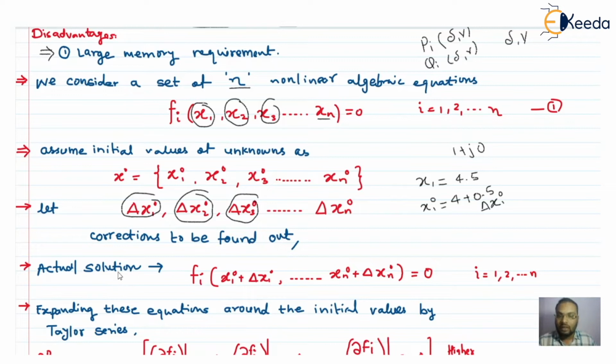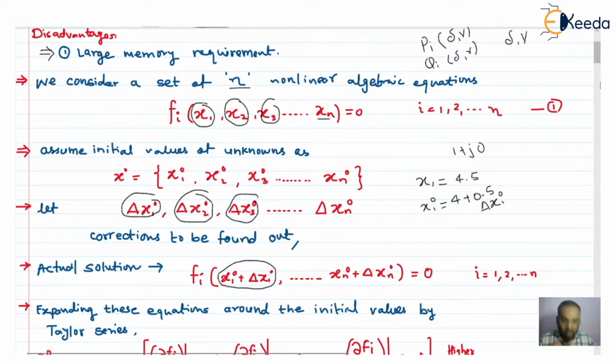After adding these corrections, the variables will give me the exact solution. Now I have the exact value for the variable x1, and the same is the case up to xn. So this is what we have to do in the Newton-Raphson method.